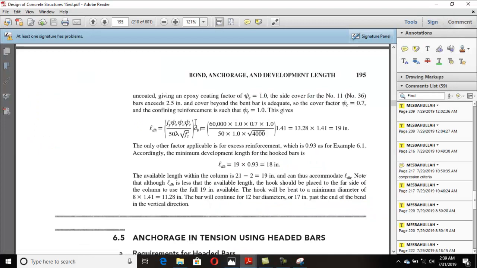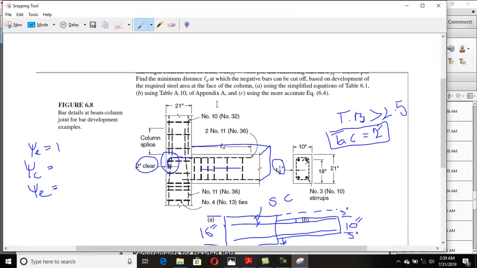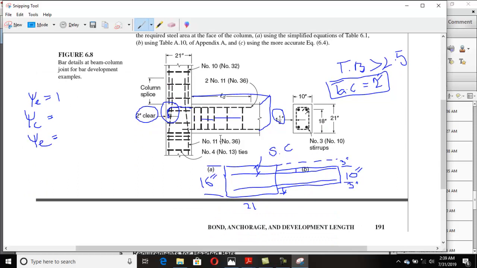Let's see. The side cover for the number 11 bar exceeds 2.5 inch, because it is calculated in the example. How do we calculate it? Side cover will be 3 inches plus 1.5 inches, so this will be 4.5 inches. Now 4.5 inches is greater than 2.5 inches as well.